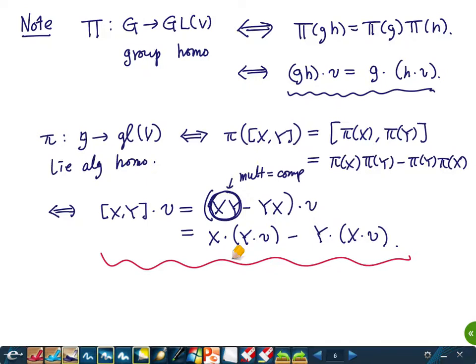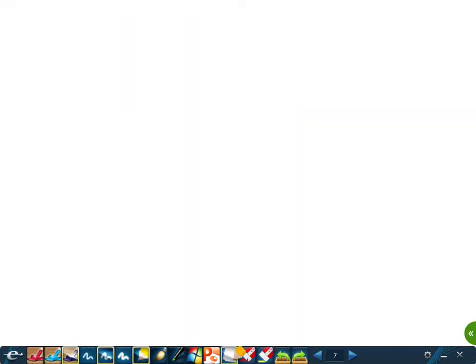So today we will define some terminologies related to representations. Mostly the definitions for Lie algebras and Lie groups are almost parallel, but we have one exception, which we will see later.